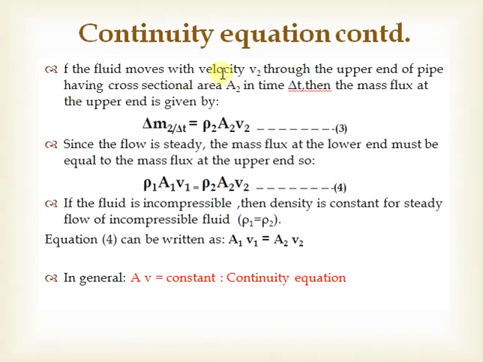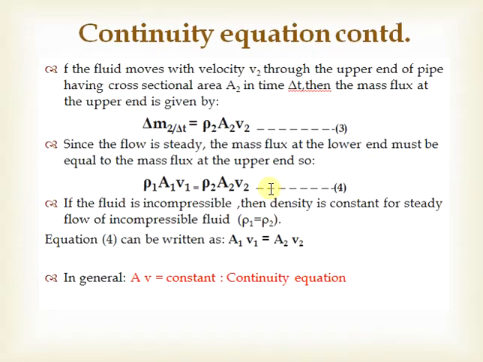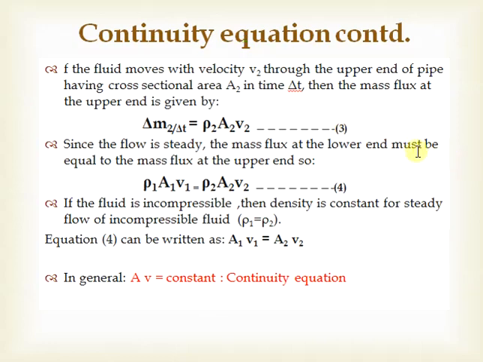Similarly, if the fluid moves with a velocity v2 through the upper end, where A2 is the cross-sectional area, considering the flow for a short interval of time delta t, then the mass flux at the upper end is delta m2 by delta t, which is equal to rho 2 A2 v2.